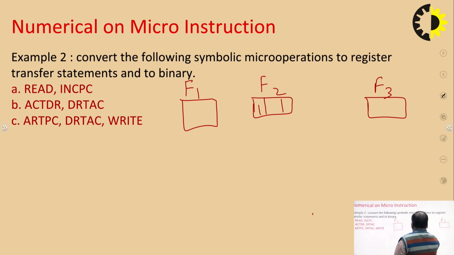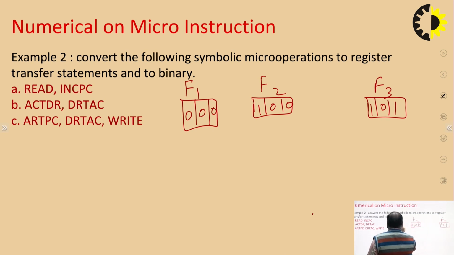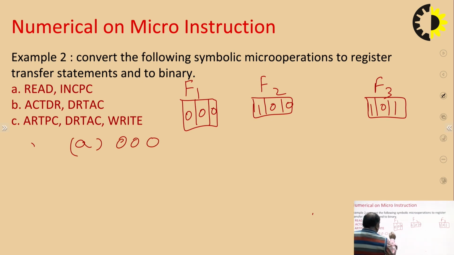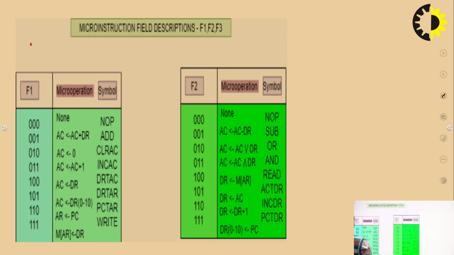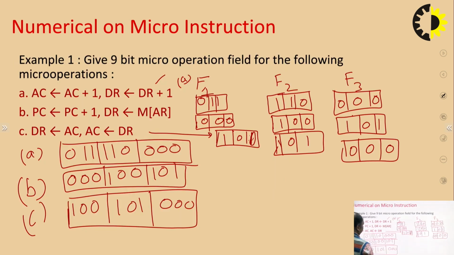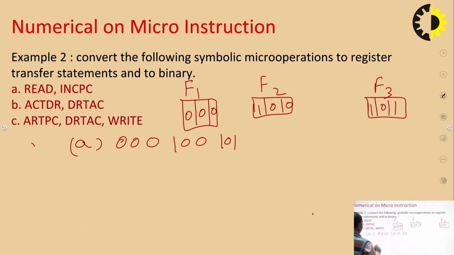So here we write 100, here we write 101, and here we write 000. So for problem A, the 9-bit is 000, 100, 101. Check it. For read we have 100, and for increment.